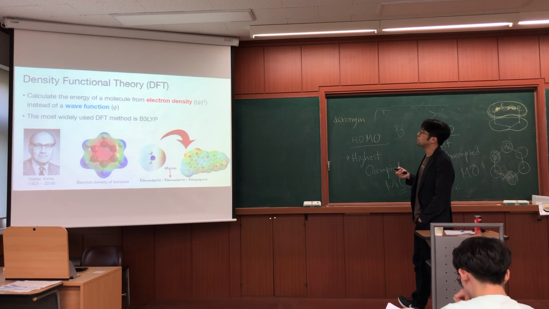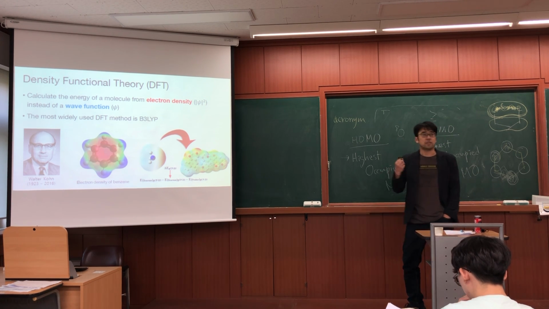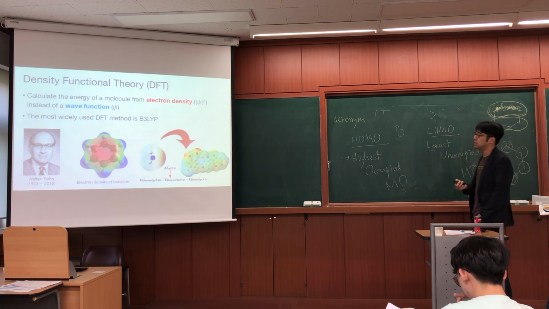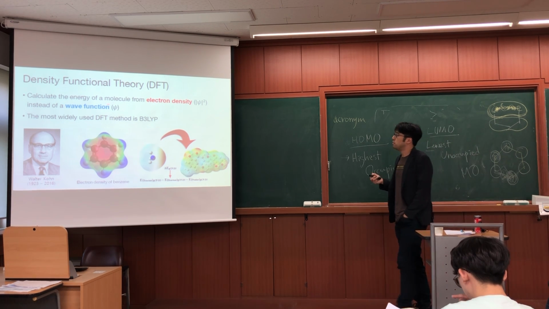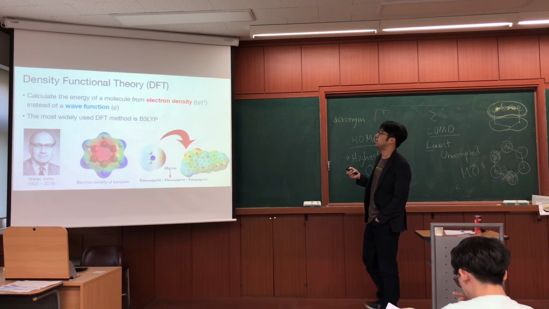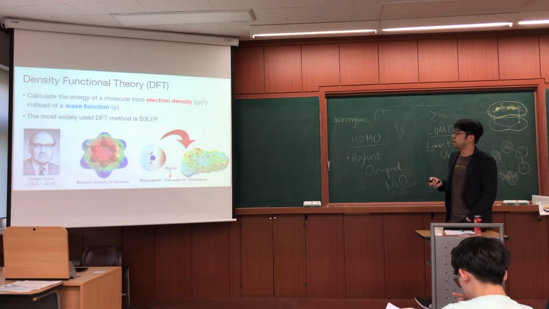Electron density is actually the square of the wave function, and it is something we can see, something we can measure, instead of using a wave function. For Hartree-Fock calculations we use the wave functions, but in density functional theory we use density instead of wave function. The theory behind DFT is a bit more difficult than Hartree-Fock, so we're not going to talk about that.